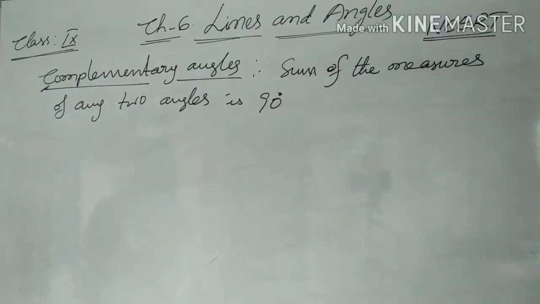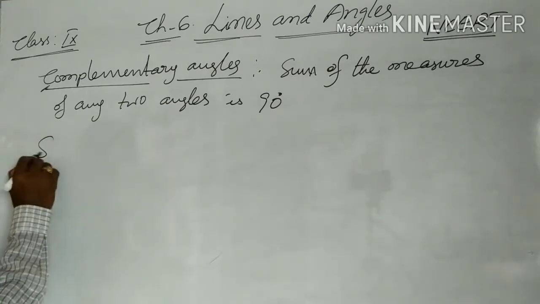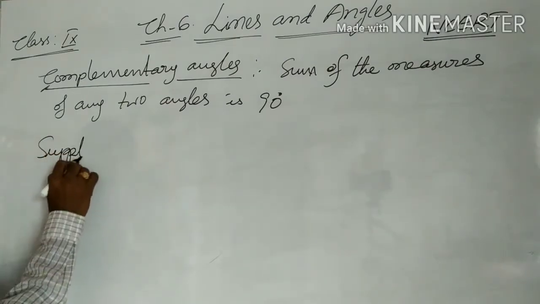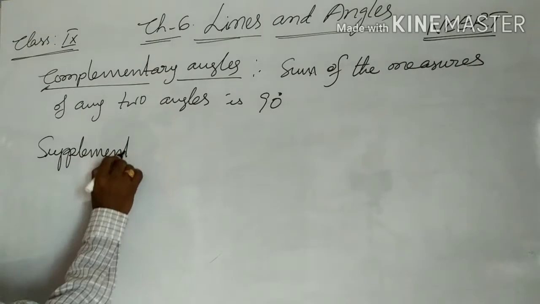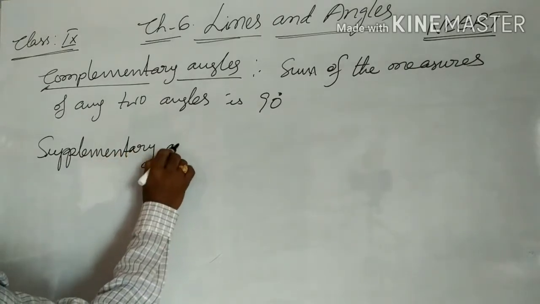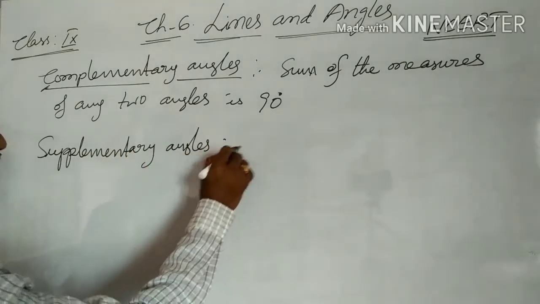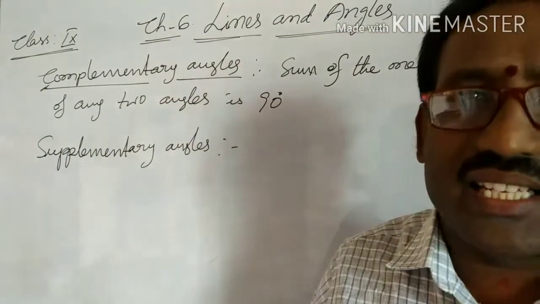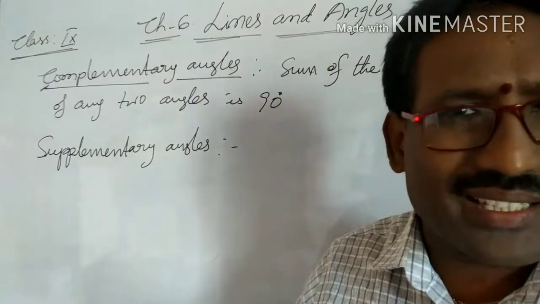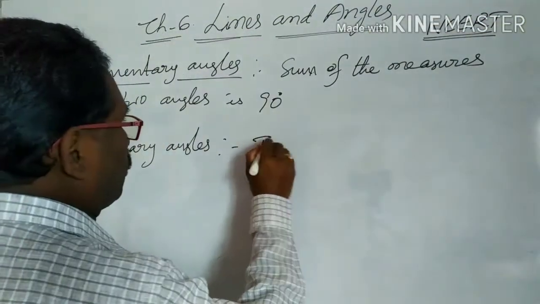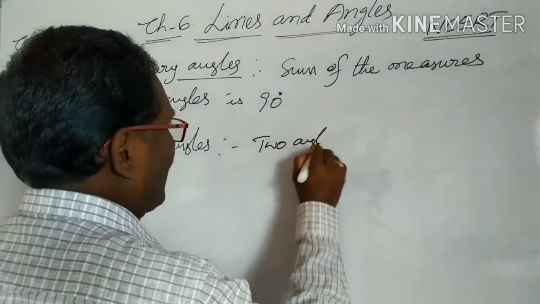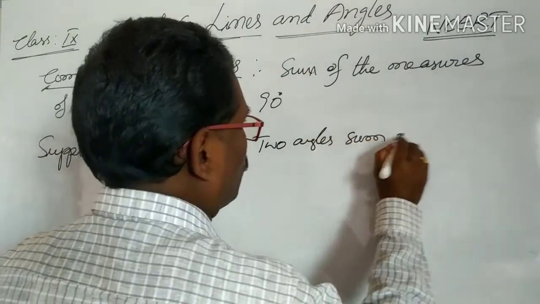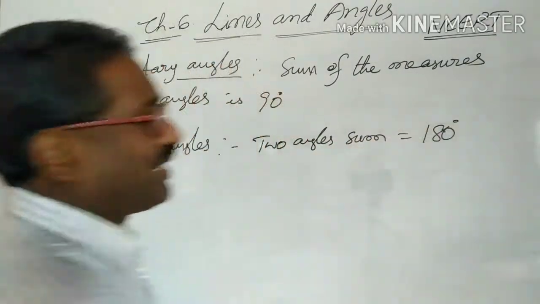Next, supplementary angles. Supplementary angles means the sum of the measures of any two angles is 180 degrees. Two angles, sum is equal to how many degrees? 180 degrees.